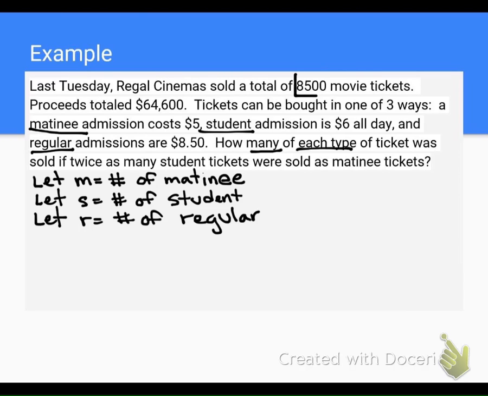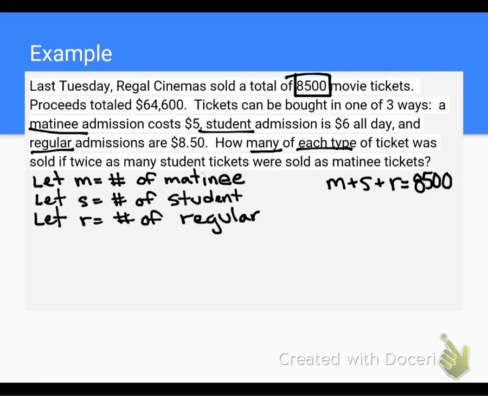So the number of matinee plus the number of student tickets plus the number of regular tickets, if we add those together, we must get 8,500. So we'll set that as our first equation: M plus S plus R equals 8,500.